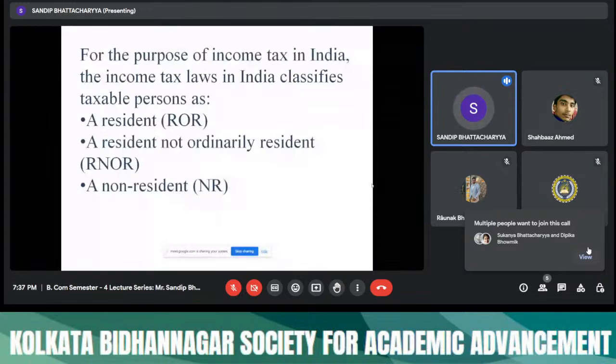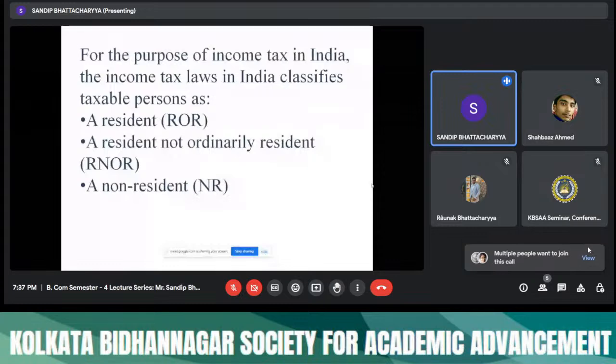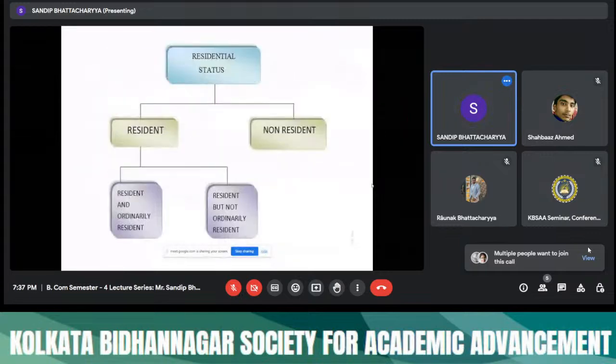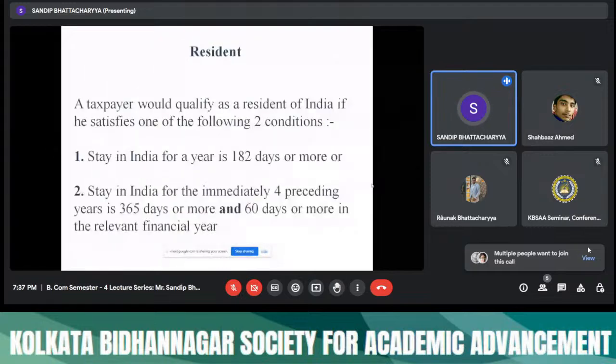You know very well that for the purpose of income tax in India, as per the income tax law, you are either a resident and ordinary resident, a resident but not ordinary resident, or a non-resident. What is the criterion? You have to satisfy any one of the basic conditions under section 6 subsection 1.